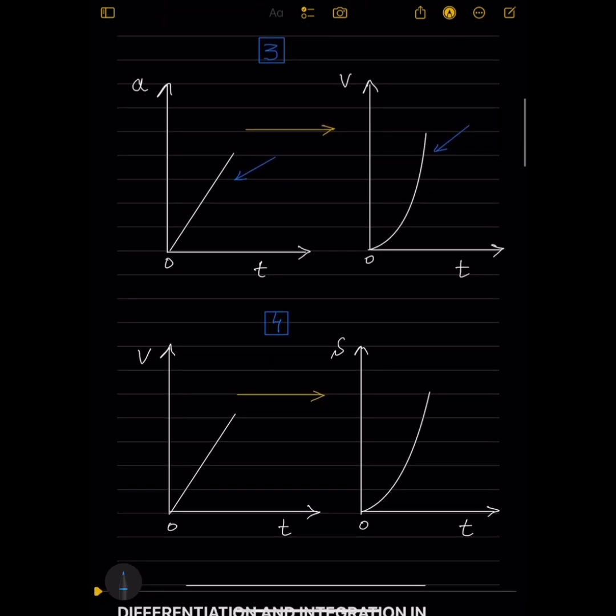And number 4, the fourth set of graphs is between velocity time and displacement time.